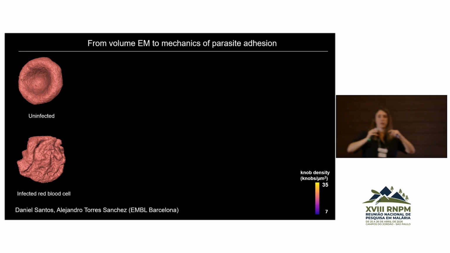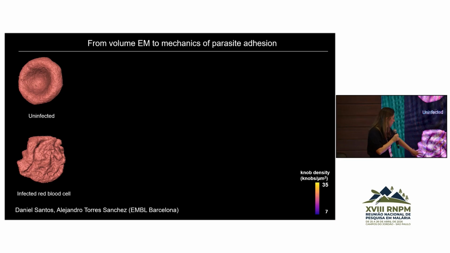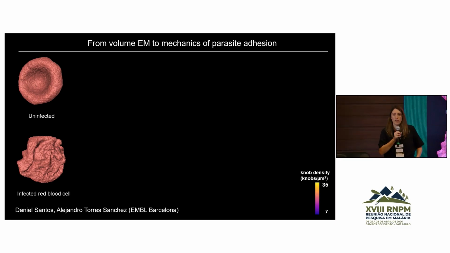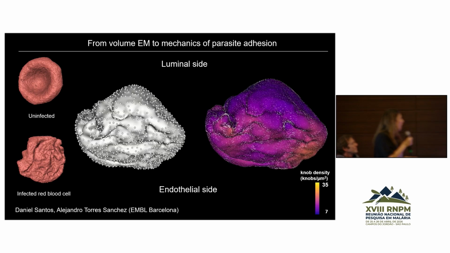Before, the schizonts were described as this big ball, like a tennis ball when the parasite is inside. But we found that no, there's a big remodeling of the infected red blood cells. So there are these folds and grooves in this interaction site with the endothelial cell. And with this, we turned to biophysicists that sit next to our lab in EMBL Barcelona.